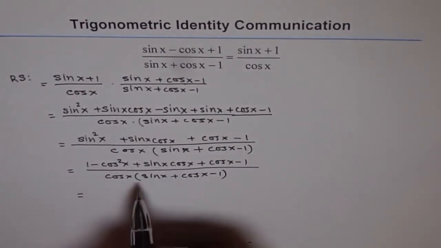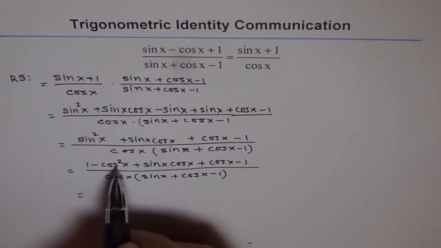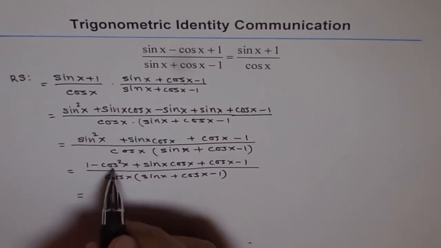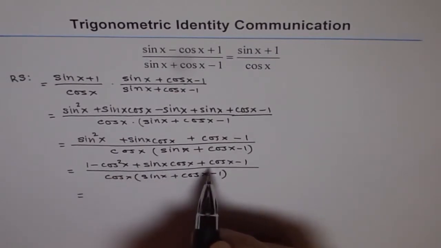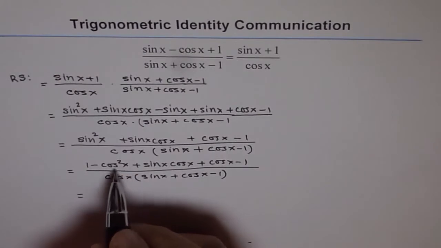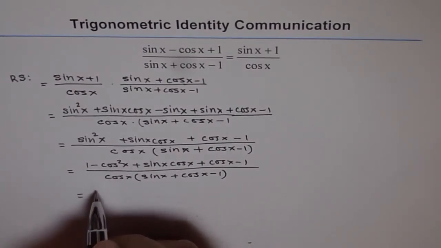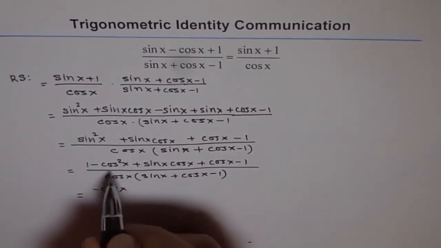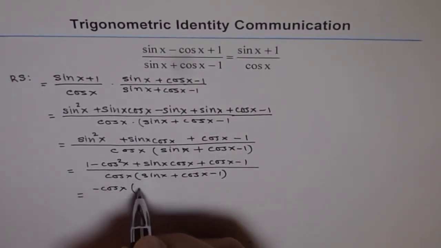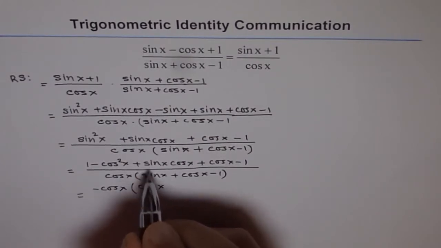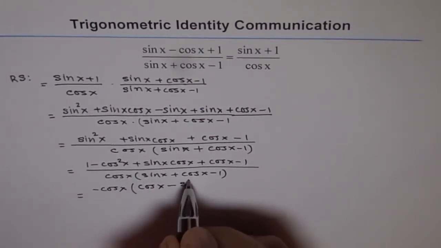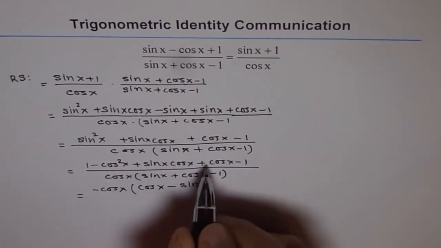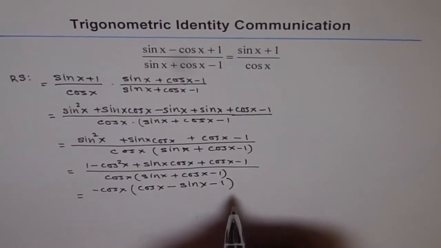Now 1 minus 1 is 0, and I'm left with minus cos square x plus sin x cos x plus cos x. From here, these 3 terms, I can take cos x common. So let me take minus cos x common. If I take minus cos x common, because 1 and 1 cancel out, I'm left with cos x minus sin x, and because I've taken minus, I'm changing the signs, minus 1.